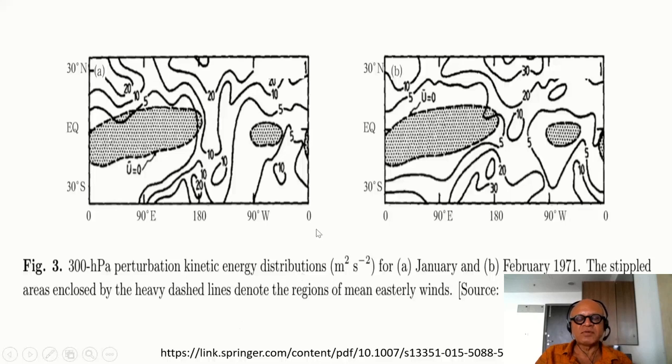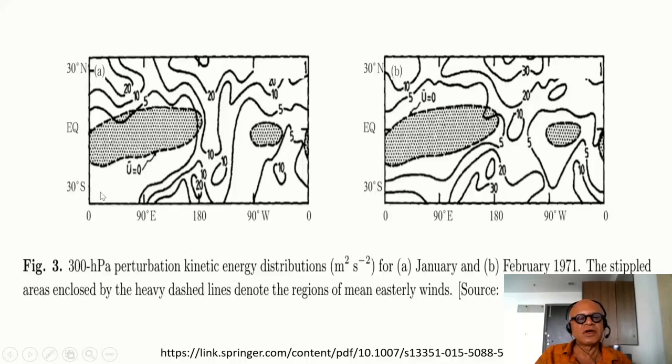These figures I took from a nice review paper by Song Gang and his group, for example. He's also worked a lot on this, Tim Lee and so on. So this is the 300 hectopascal perturbation kinetic energy distribution for January and February of 1971. The stippled areas enclosed by the heavy dashed line denote the regions of mean easterly winds. Okay, so you have the westerly duct here.